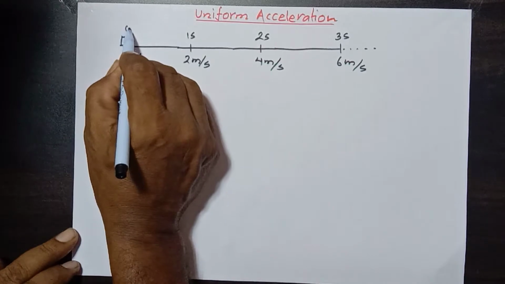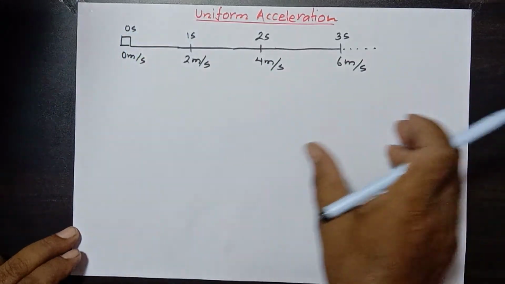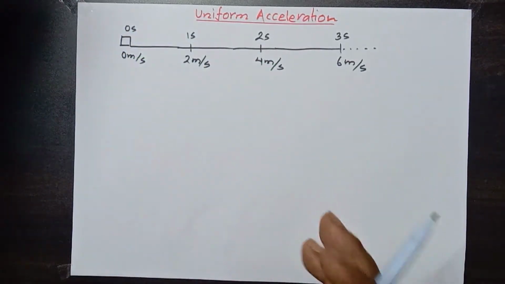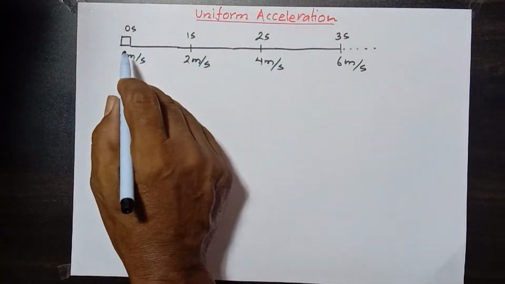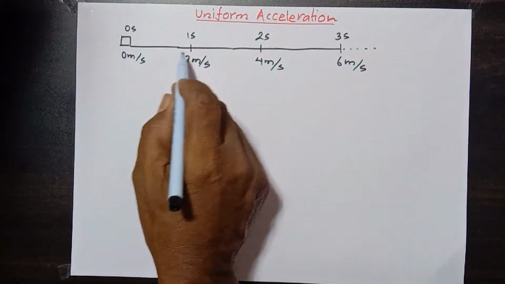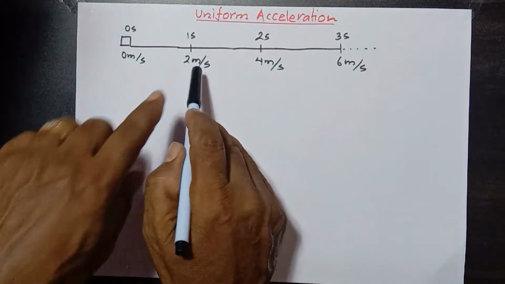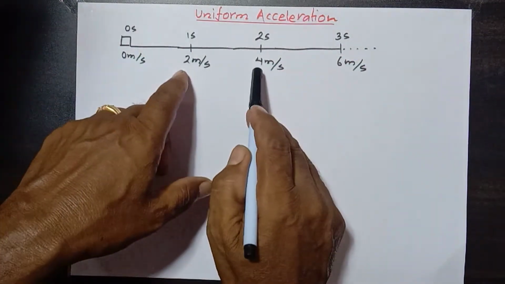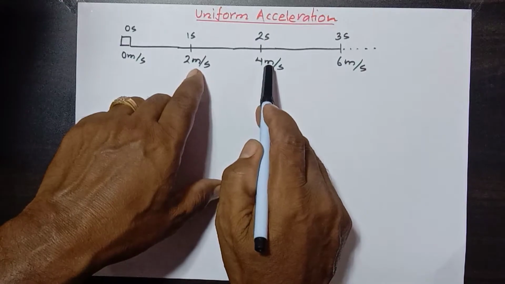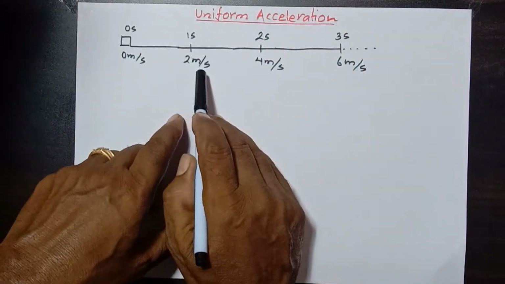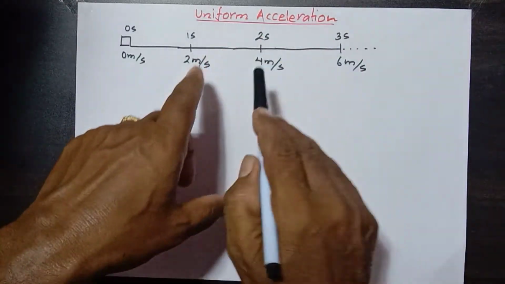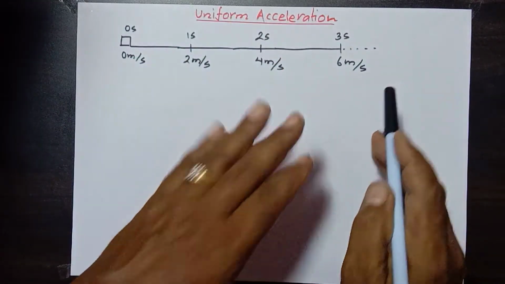Looking at this figure, looking at this motion, what can we understand? In 1 second, the increase of its velocity is 2 meter per second. In another 1 second, the increase of velocity is again 2 meter per second. Another 1 second, the increase of velocity is 2 meter per second. What does it mean?